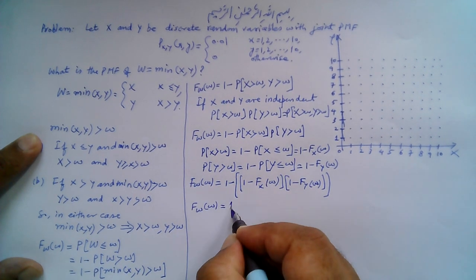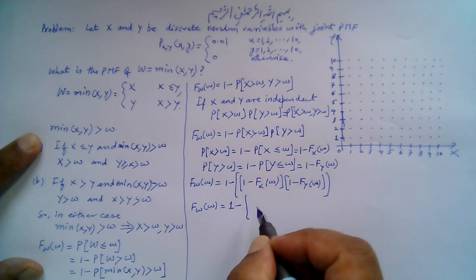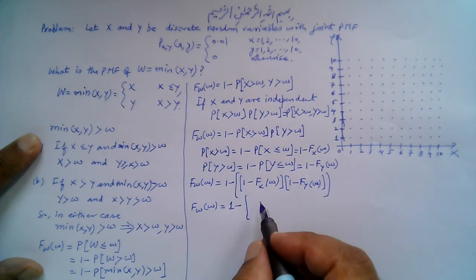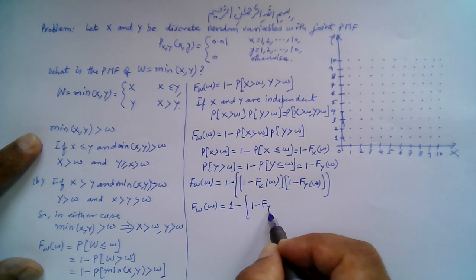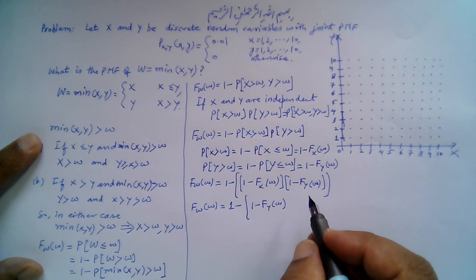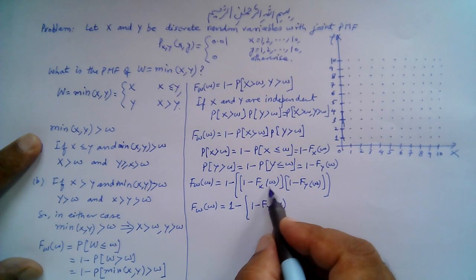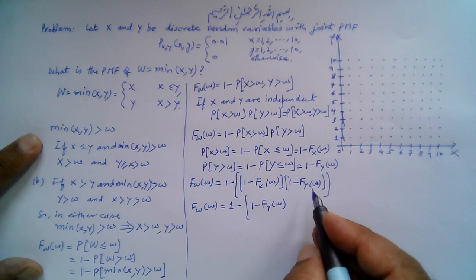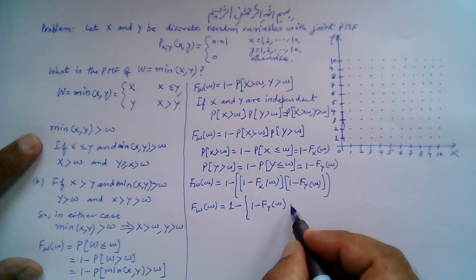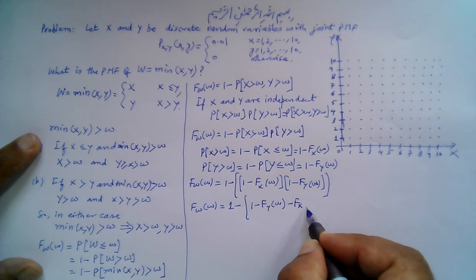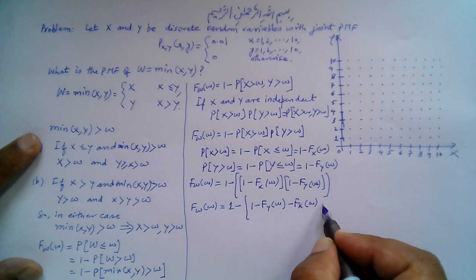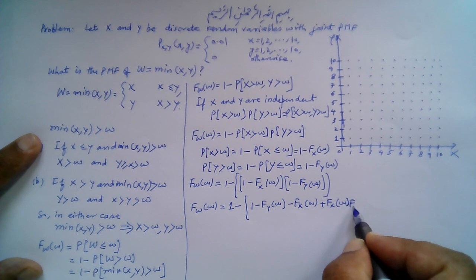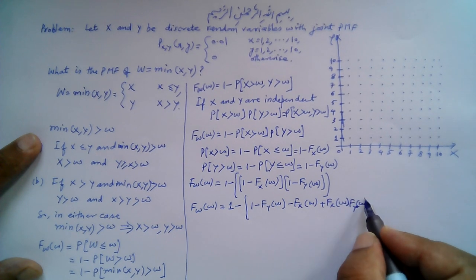So 1 multiplied by 1, and then 1 minus Fy of W, and then Fx of W multiplied first by 1 then by Fy of W, so we will get minus Fx at W plus Fx at W Fy at W.